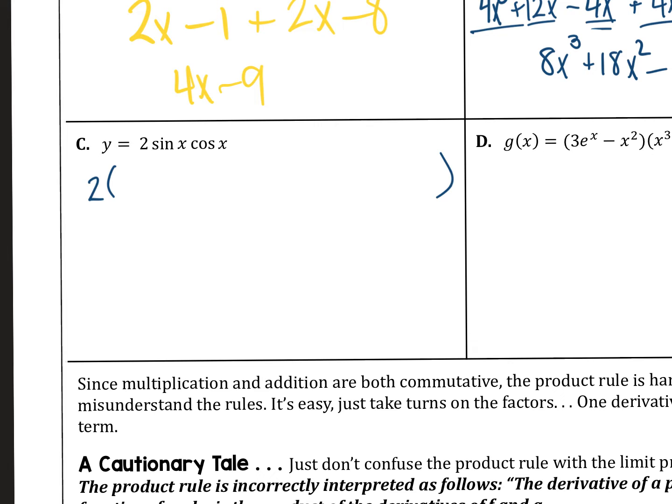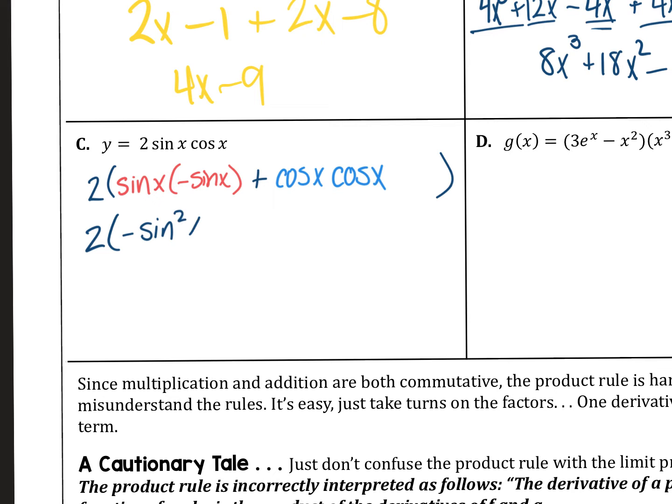All right, so it's the first times the derivative of the second. So what's the derivative of cosine? Plus the second, which is cosine, times the derivative of sine, which is cosine. So it's 2 times negative sine squared x plus cosine squared x.